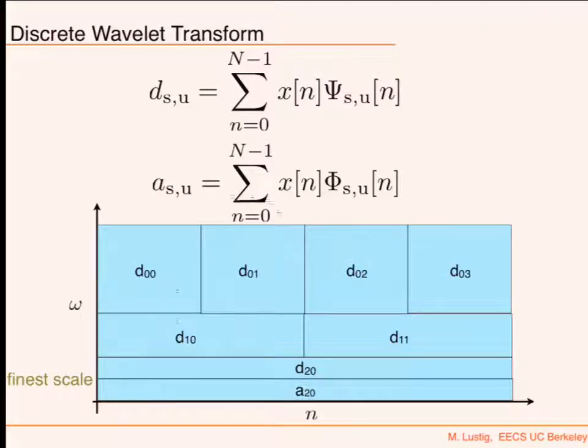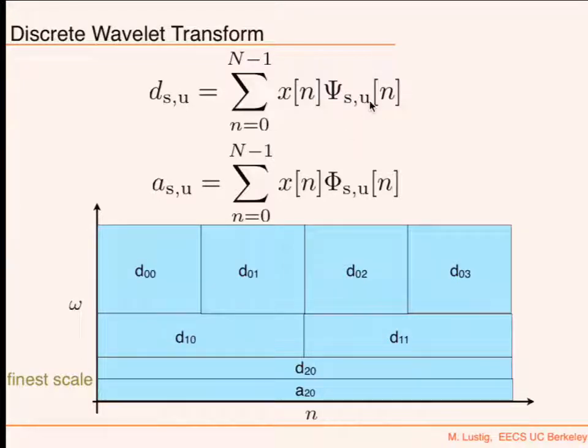So if you look at the time frequency decomposition, so for example, S equals 0, which means a particular mother wavelet with a certain scale. The finest scale would be S equals 0. And then afterward, we're going to stretch it. So S1 will be a stretch of that, and S2 will be a stretch of that, and S3 will be a stretch of that, and so on and so forth.